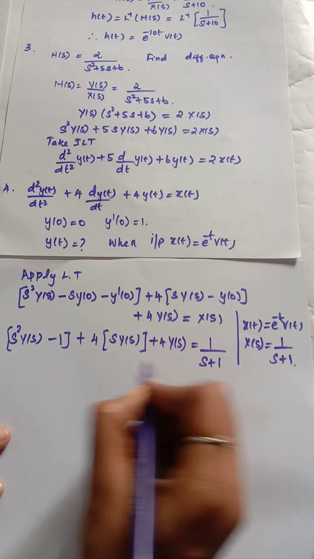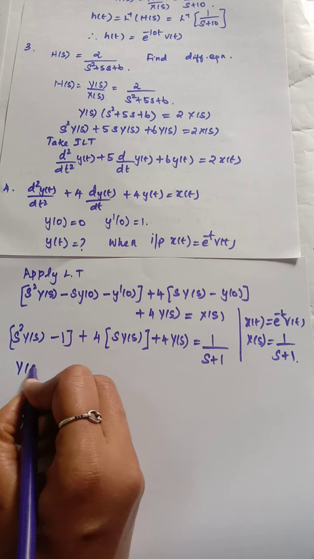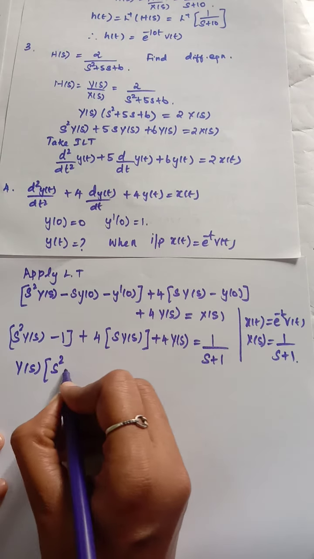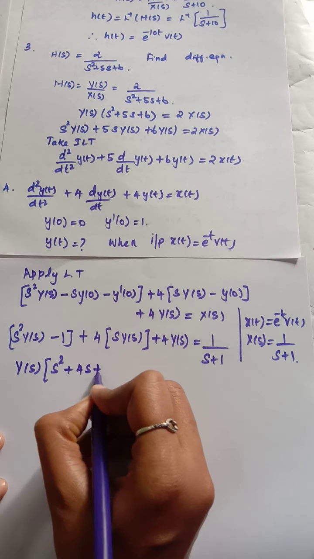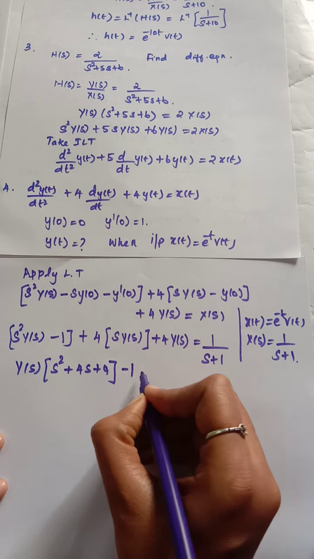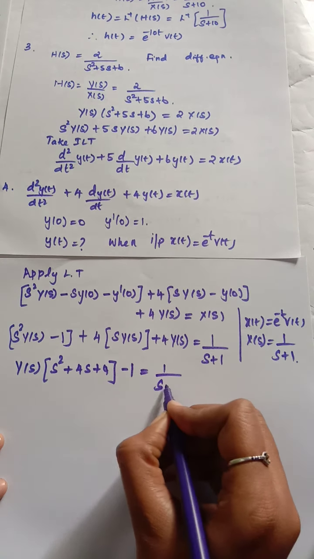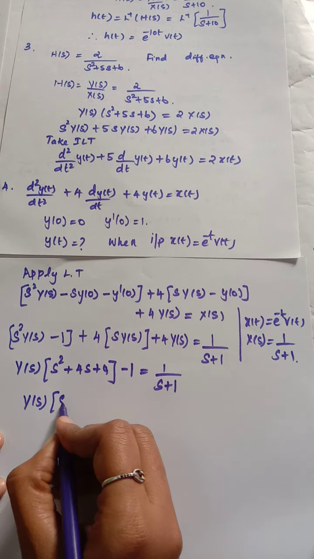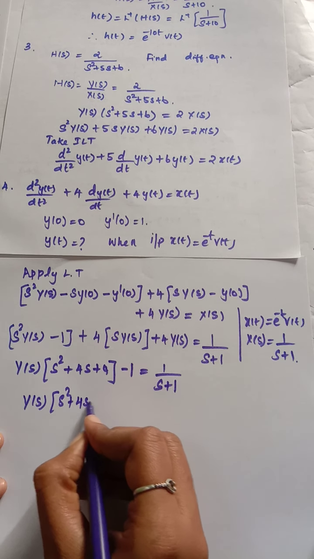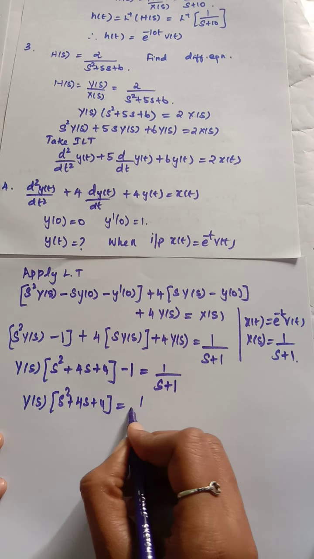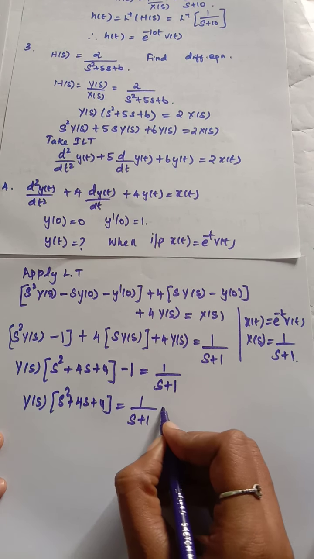Now we need to simplify this. Take the Y of s coefficient. So the Y of s coefficient is s square plus 4s plus 4. The remaining term you are having is minus 1, which is equal to 1 by s plus 1. Now Y of s into s square plus 4s plus 4; you have to bring 1 to this side, so 1 by s plus 1 plus 1.